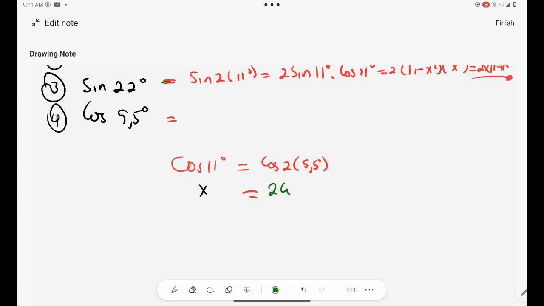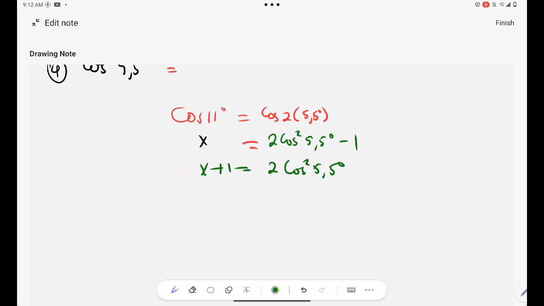As 2 cos squared 5.5 degrees minus 1. All I need to do is to just isolate cos 5.5 degrees. I'll take the one to the other side. I'll have x plus 1 is equal to 2 cos squared 5.5 degrees.